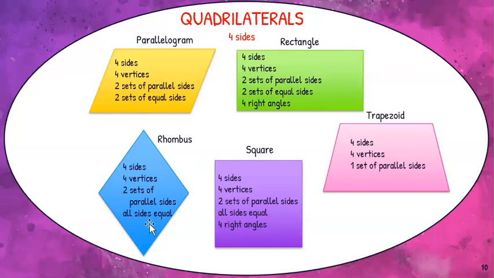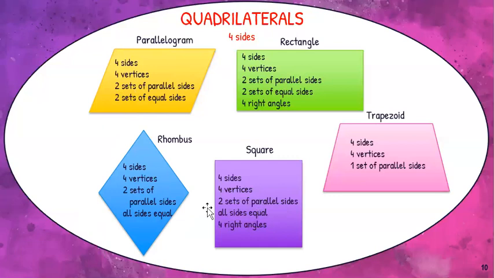Yes, it does, because let's say this rhombus was a 3, a 3, a 3, and a 3. I could say that there's 2 sets of equal sides, because 3 and 3 would be one set, and 3 and 3 would be my second set. So yes, a rhombus has the same attributes as a parallelogram.